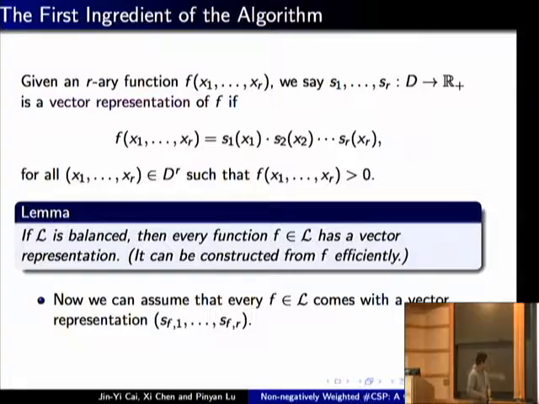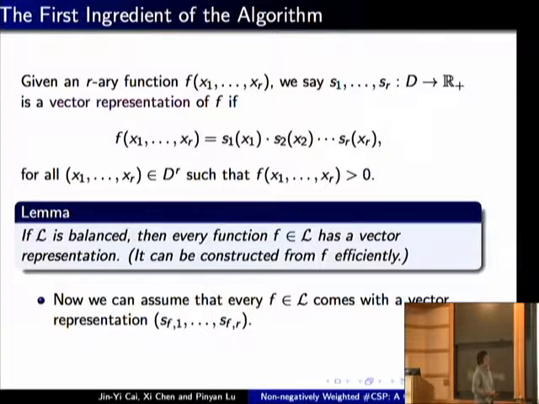The first ingredient is, remember what this capital F is? This capital F is defined by an input instance, and it's the product of all these constraint functions. But it turns out that if the language is balanced, then we have a much more succinct representation for this function capital F, which we call a vector representation. So let's say f is an r-ary function.